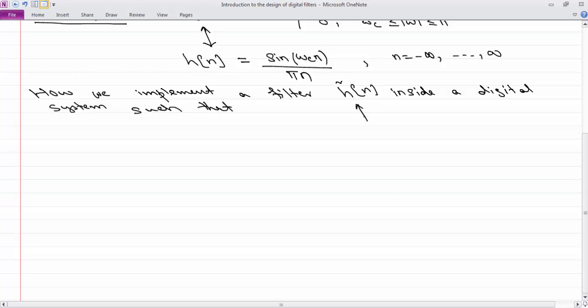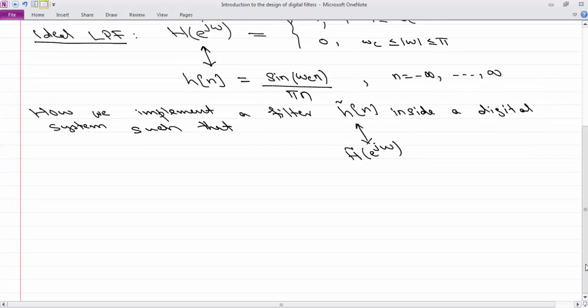So H tilde n has a Fourier transform H tilde of e to the j omega, such that the Fourier transform of the filter that I implement is very close to the filter that I really wanted. That is ideal, but I cannot get to it.